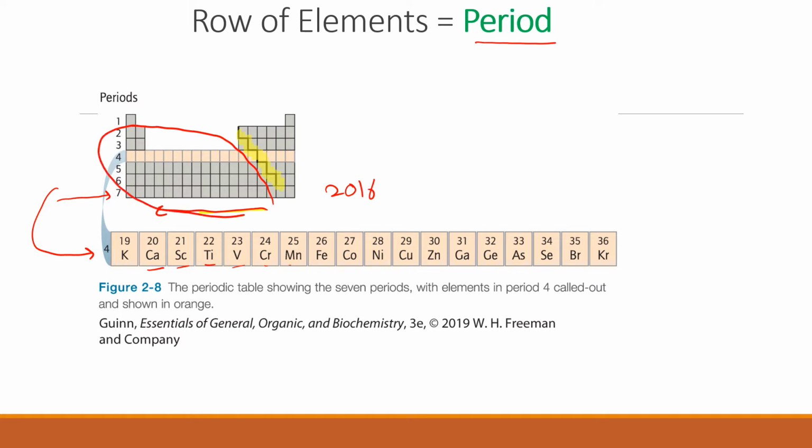All of these elements to the left of this zigzag line, except the first one, are metals, and all the elements on the right side are non-metals. There are some elements which lie directly on this zigzag diagonal, so these elements are somewhere in the middle of metals and non-metals, and these elements are known as metalloids.